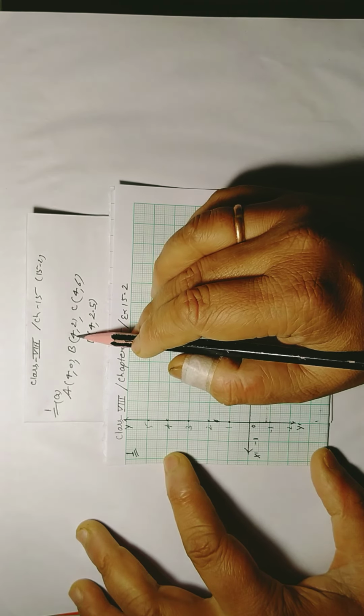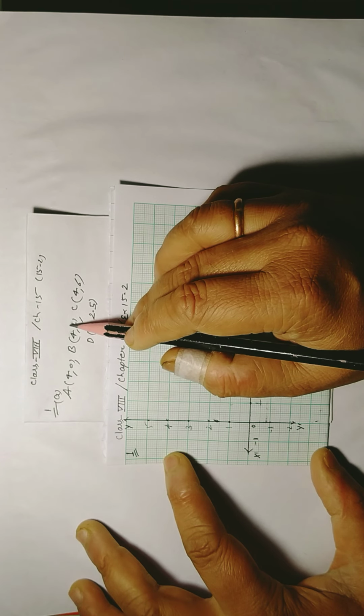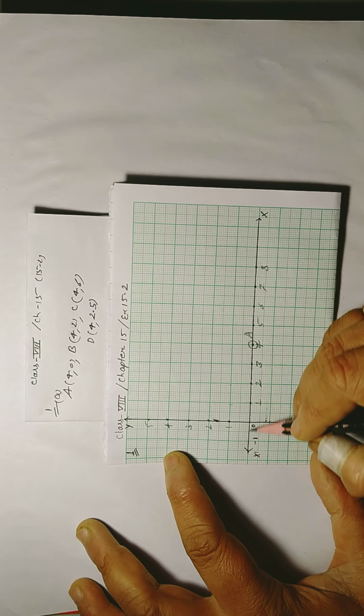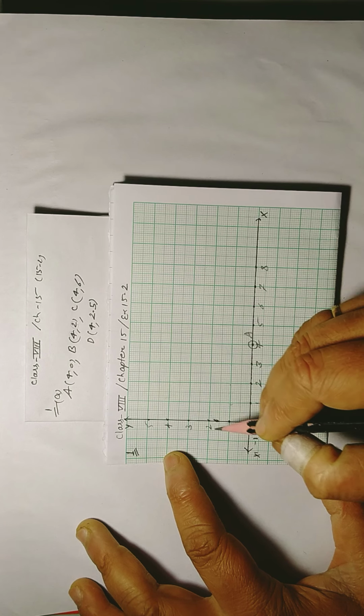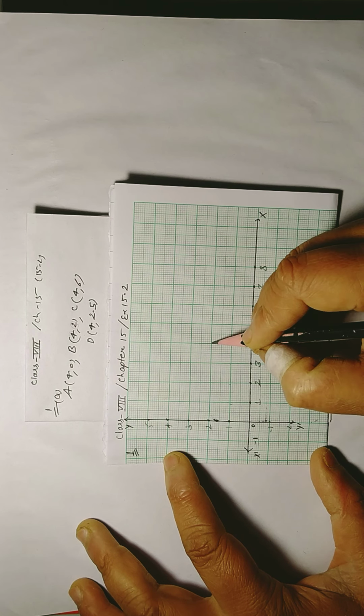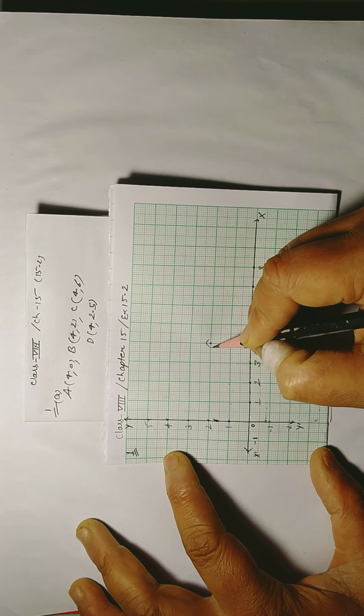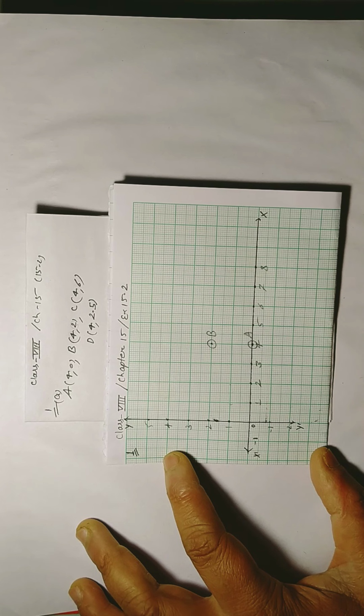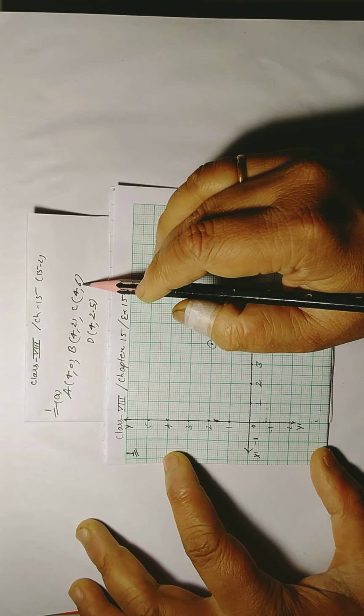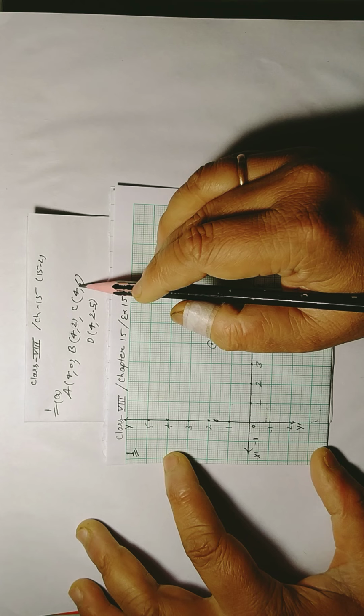We read 4 on the x-axis and 2 on the y-axis, so this is the position of point B.